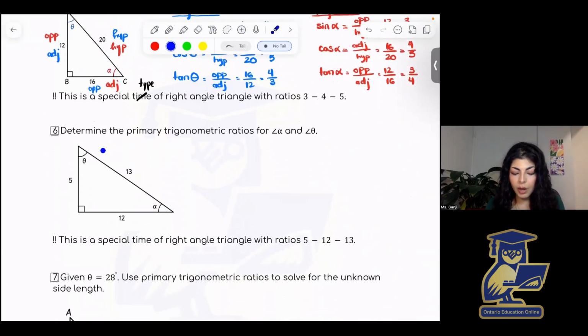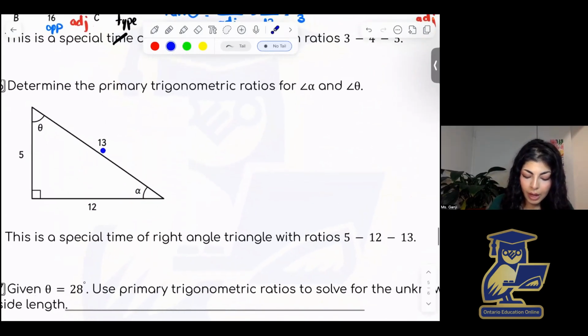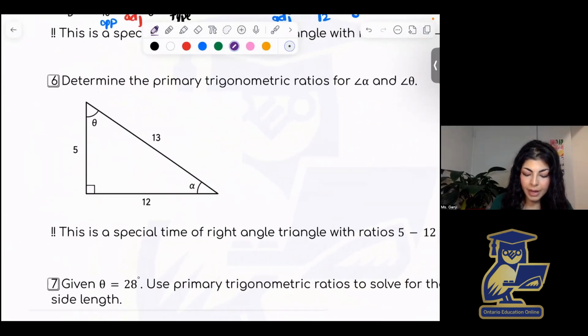Now, in this next one, we again want to determine the primary trigonometric ratios for alpha and theta. So I'm just going to do it a little bit faster, so I won't write everything here. Starting with, let me do this one in blue, and let's make this one red.